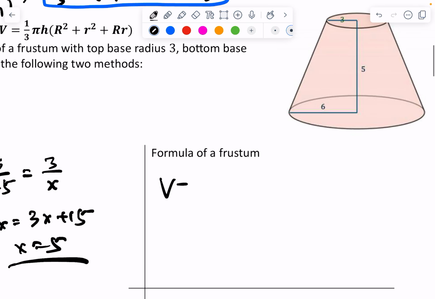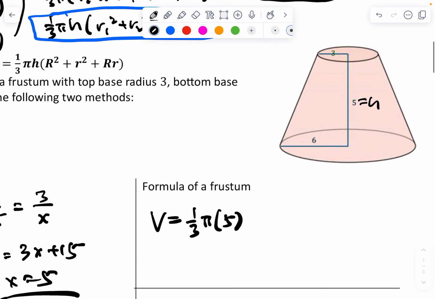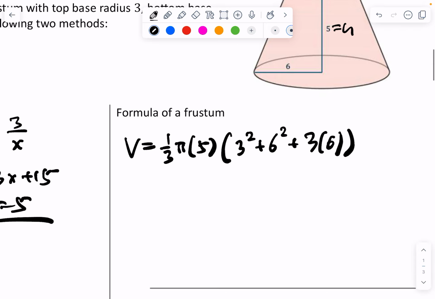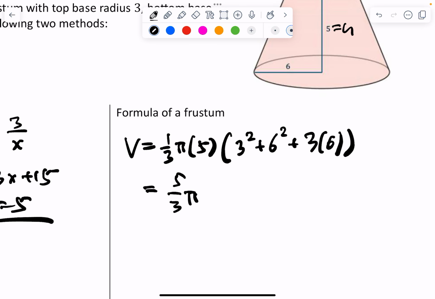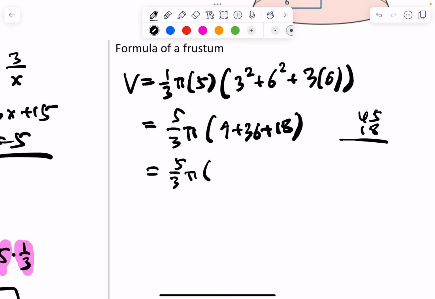So V would be equal to 1/3 pi h, and h is 5 here, right? Because this is h. And then we multiply that by little r squared plus big R squared plus their product. So we get this. 18. 73.